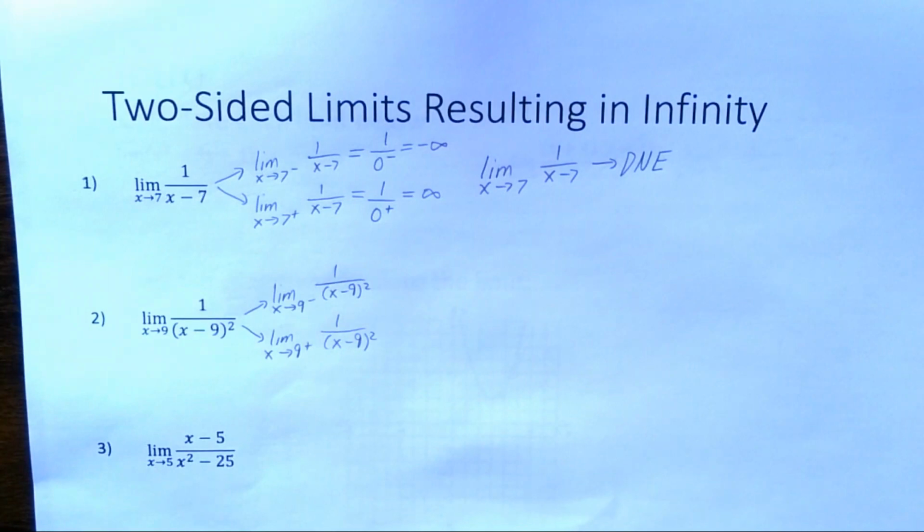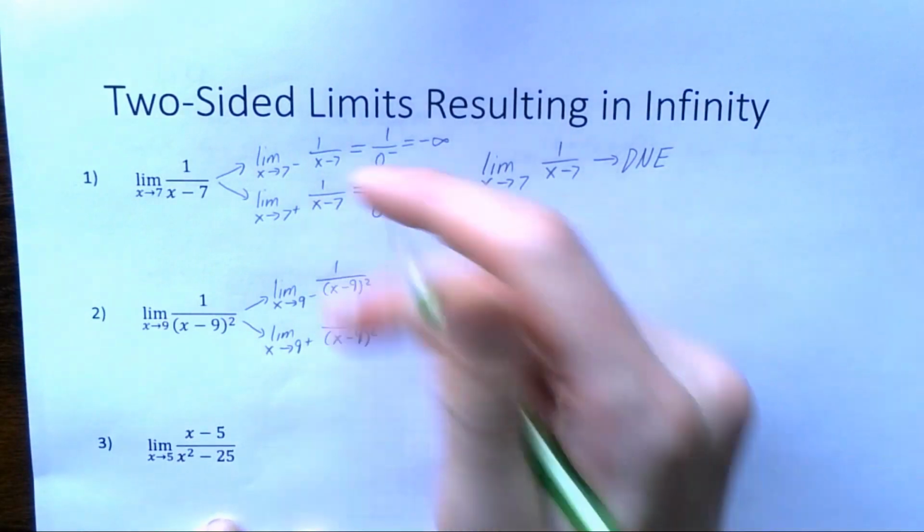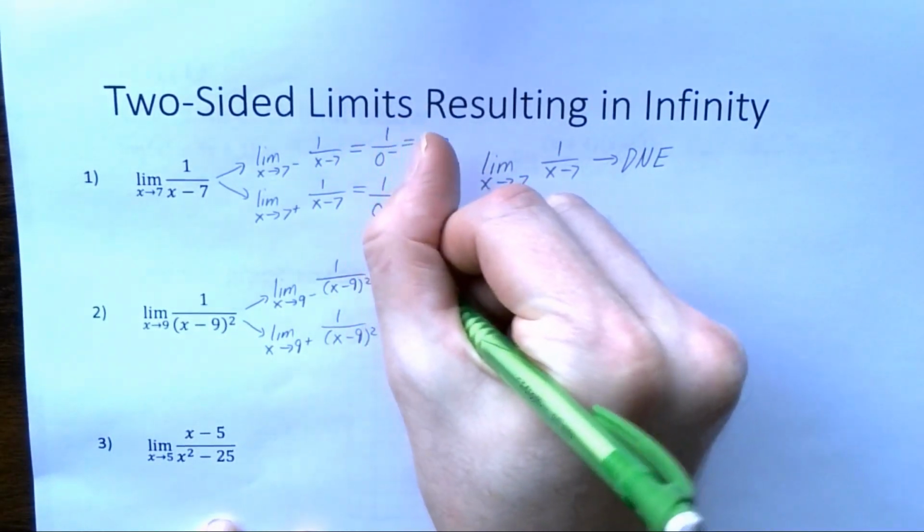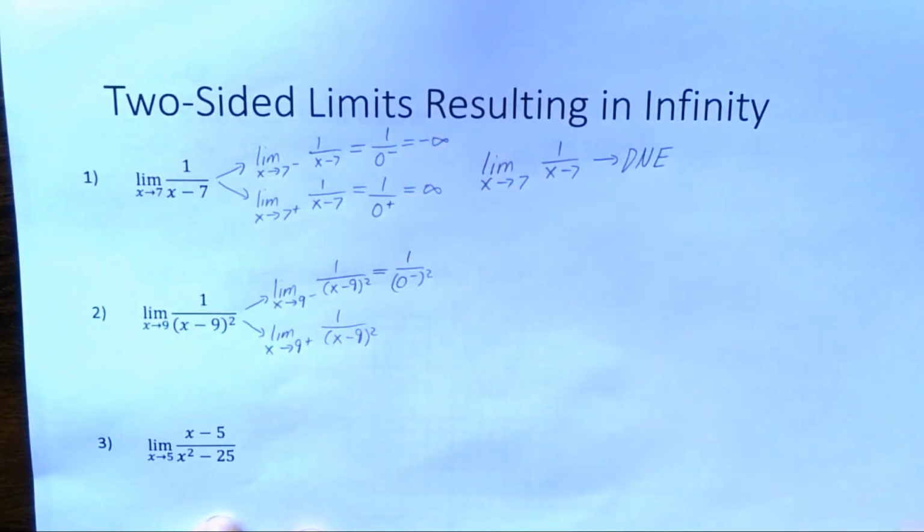So we have the left-hand limit, x approaches 9 from the left, 1 over (x minus 9) squared, and the right-hand limit, the limit as x approaches 9 from the right of 1 over (x minus 9) squared. So going ahead and doing the computations, this is 1 over 0 minus, squared.